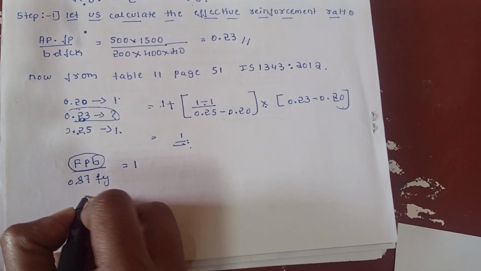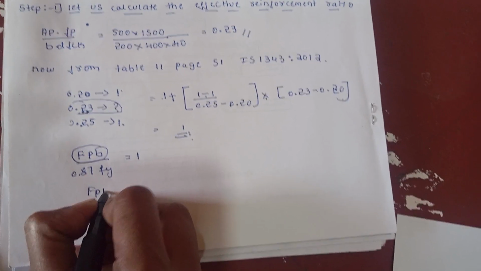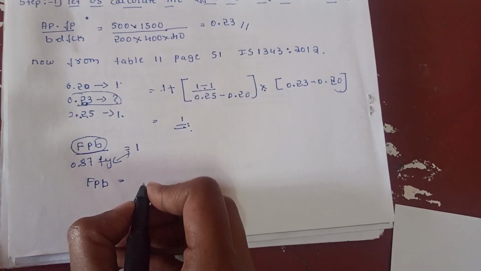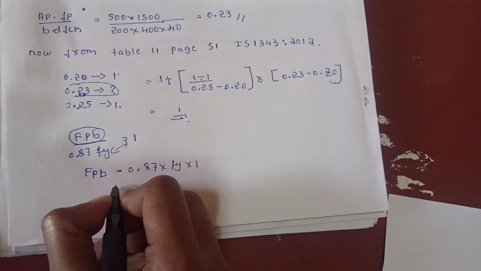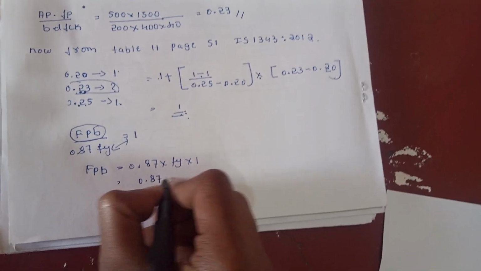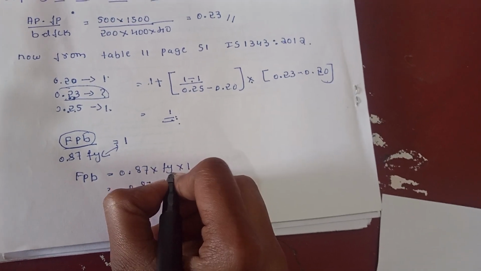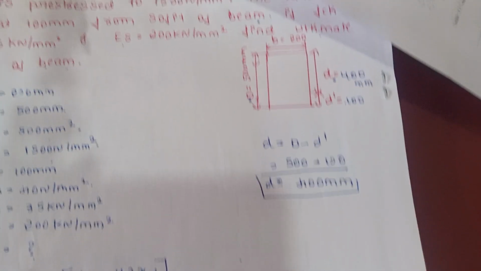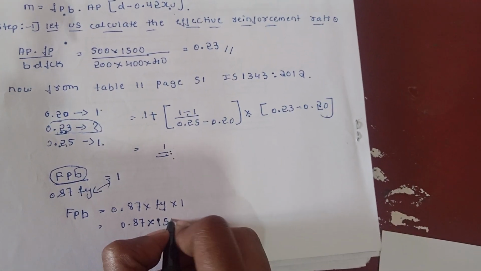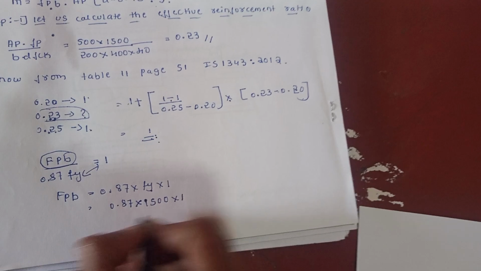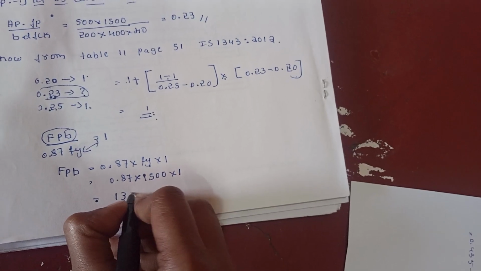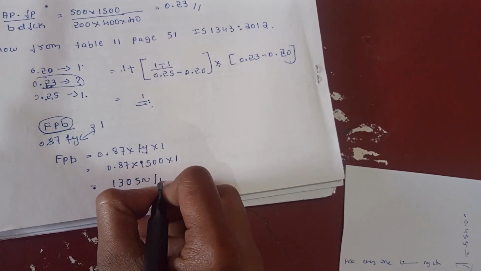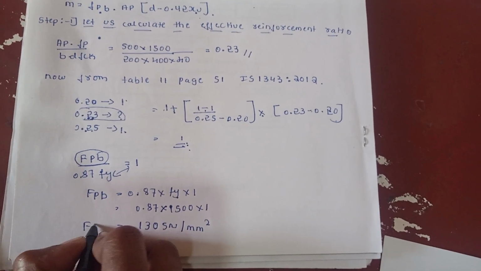FPB equal to, by cross multiplication, 0.87 into FPU into 1. That is 0.87 into FP value, 1500 given in the question, into 1. We got the answer as 1305 Newton per mm square.